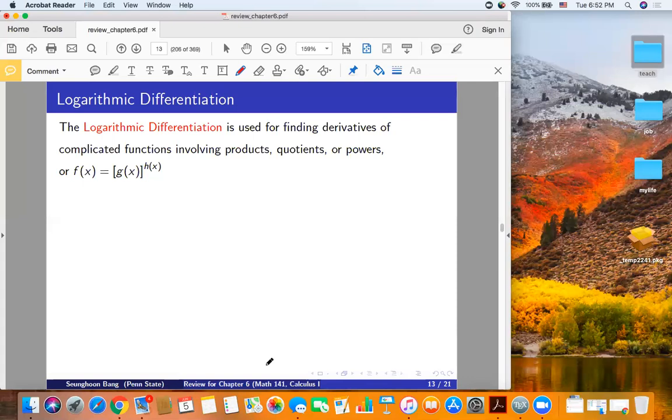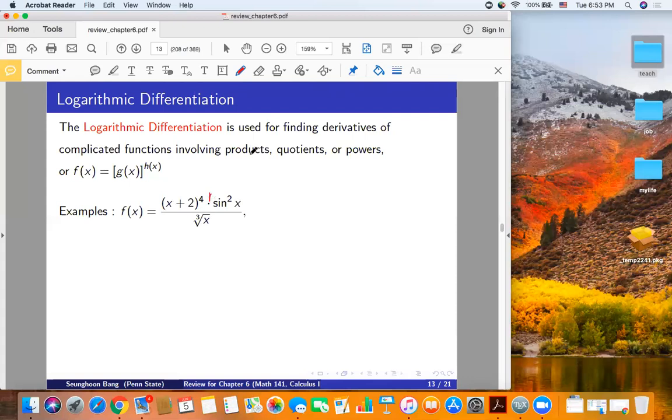G of x is the base function, and h of x is like a power function. For the base function and power function, we use logarithmic differentiation. For example, f of x equals x squared plus x to the 4 times sine square of x over cube root of x.